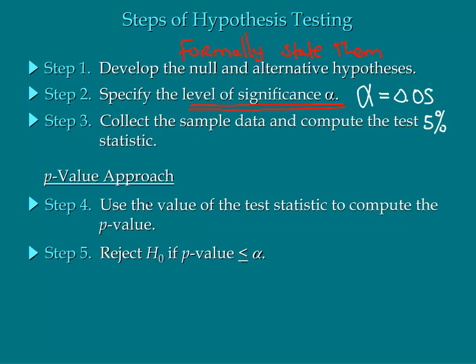Now, when you're using the p-value approach, which is something from earlier on, use the value of the test statistic to compute the p-value. So again, something like this: the probability of z, because it's a random variable, as I said earlier, greater than or equal to the test statistic.